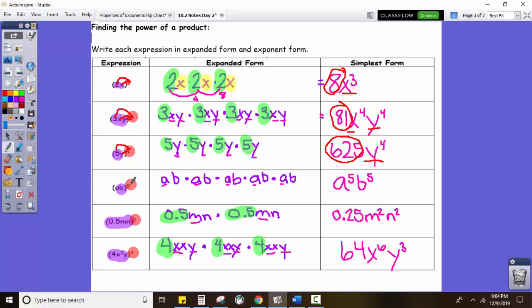Okay, for AB to the fifth, I take this power of 5, distribute it to the A and to the B, which then I end up with A to the fifth, B to the fifth. So you're just distributing the exponent that is outside of the parentheses. That's when you know that you're taking the power of a product, is when you have parentheses with the power outside of it and multiple terms inside the parentheses.